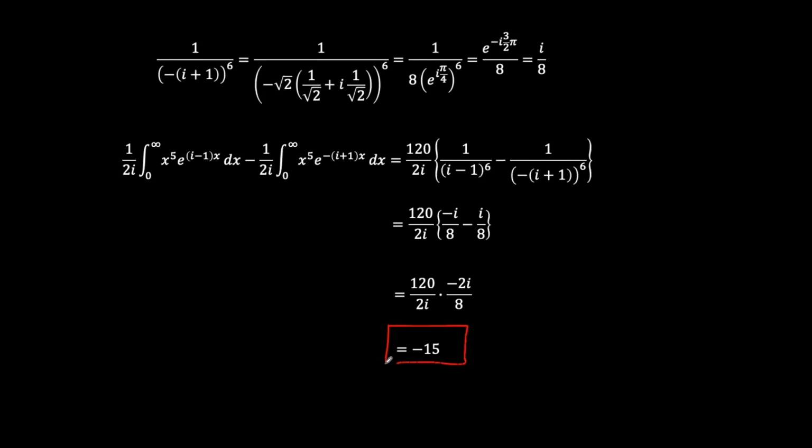It's not very complicated, but obviously initially the problem looked a little bit intimidating, but it just takes knowledge of De Moivre's theorem. But even there, you didn't need to use De Moivre's theorem entirely.